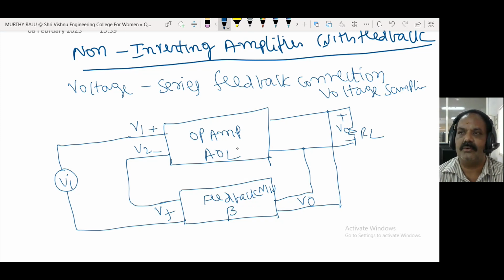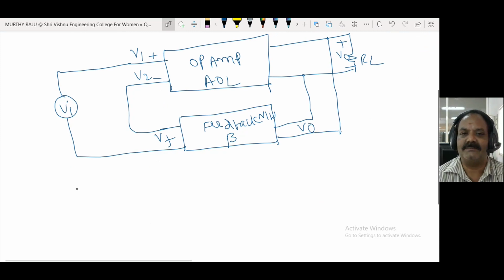AOL is the open loop gain of a non-inverting operational amplifier without feedback. So for the feedback network, the feedback factor is beta. Now calculate AOL. V1 is the voltage applied at the non-inverting terminal of the op-amp. V2 is the voltage applied at the inverting terminal.